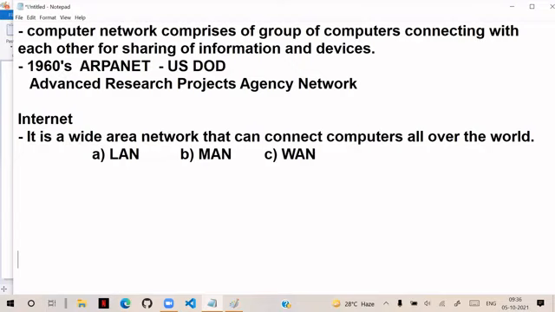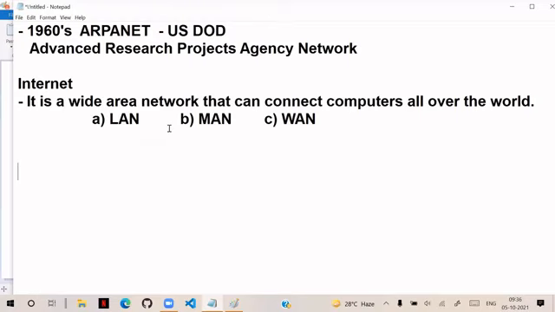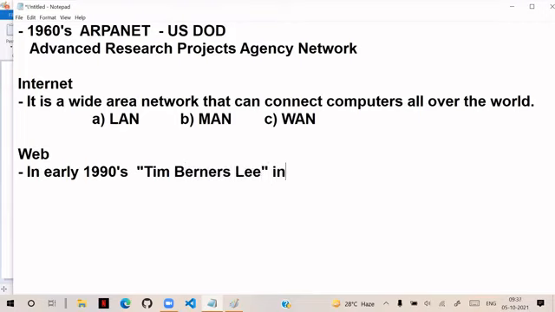That's the reason that in the early 1990s, Tim Berners-Lee introduced the concept of web.